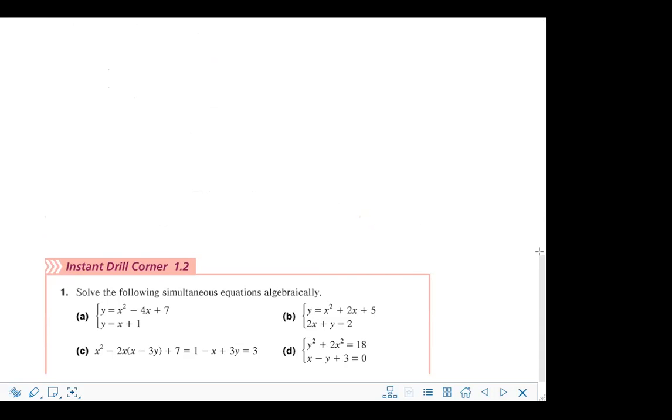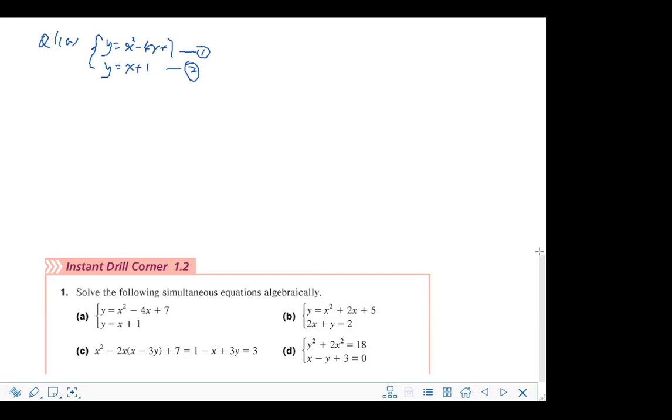Okay, question number 1A. So we have y equals x squared minus 4x plus 7. Label this to be equation 1. And then we have y equals x plus 1. Label this to be equation 2. Okay, and we start with the one with no square term.